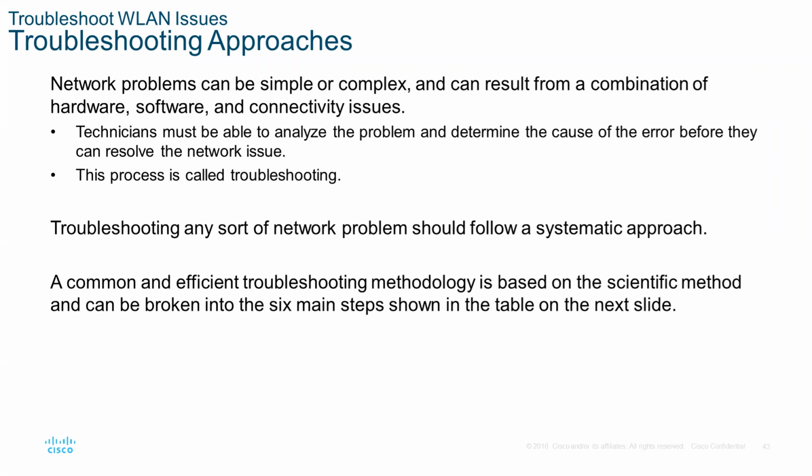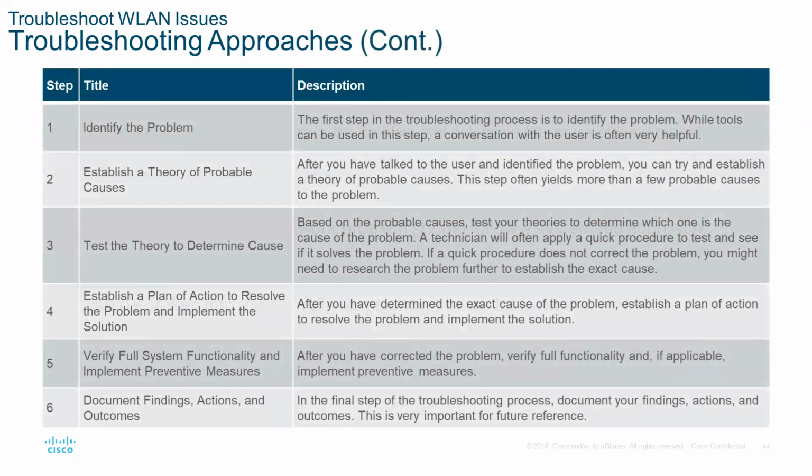So what are the typical problems? Now, you should always use the 6 steps of troubleshooting. You should know those 6 steps by now. So basically, you need to develop a systematic approach to troubleshooting. And just as a reminder, here are the 6 steps.